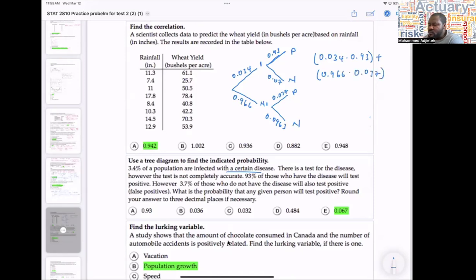That is how to do that. When you do this, you get 0.06736, which is E. Okay, let's proceed.